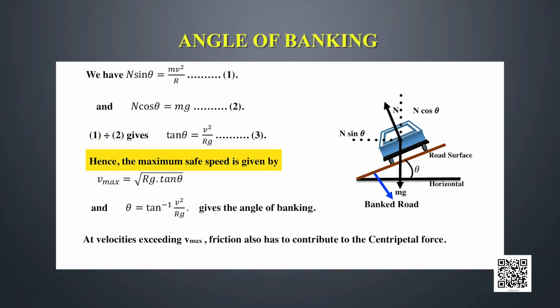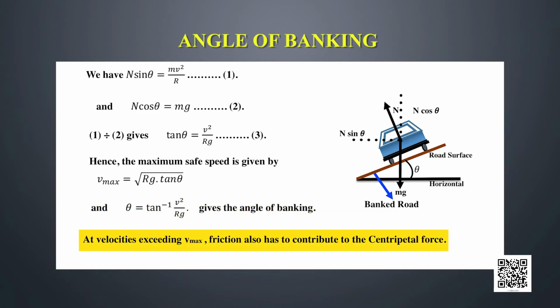Hence, the maximum safe speed is given by v maximum equal to root of rg tan theta, and the angle of banking for a particular speed v will be given by theta equal to tan inverse of v square over rg. This gives us the angle of banking on a particular curved track for a maximum speed v.